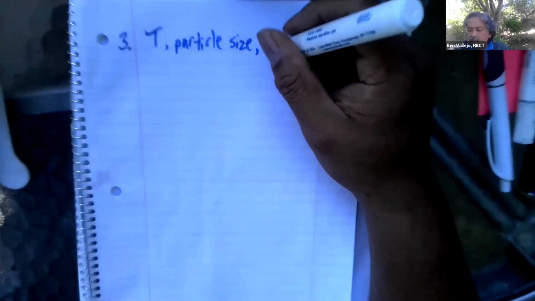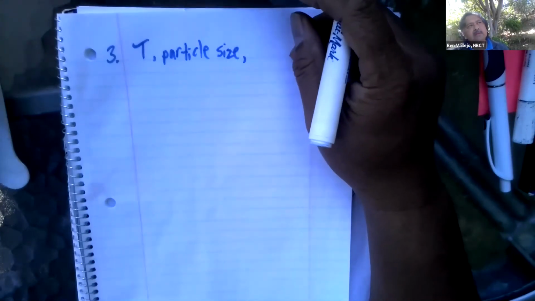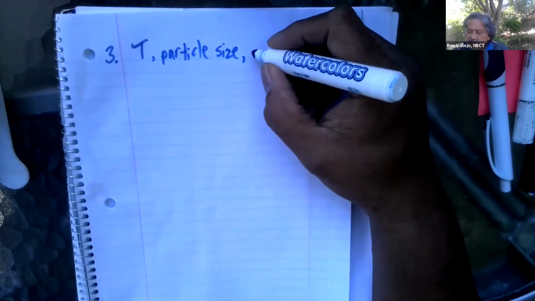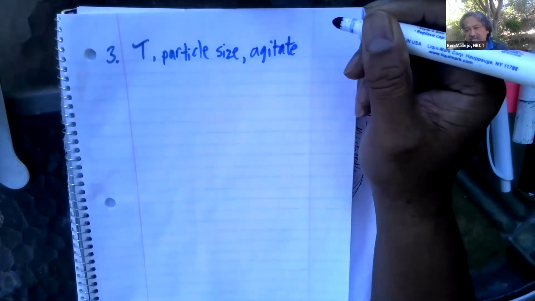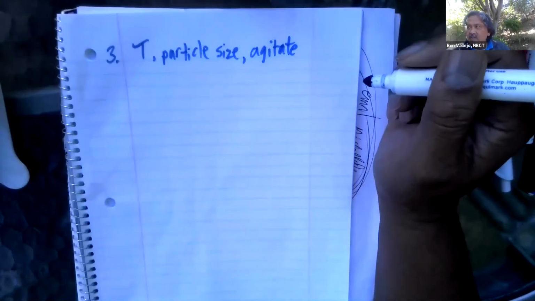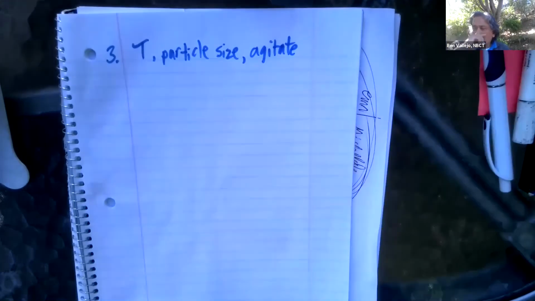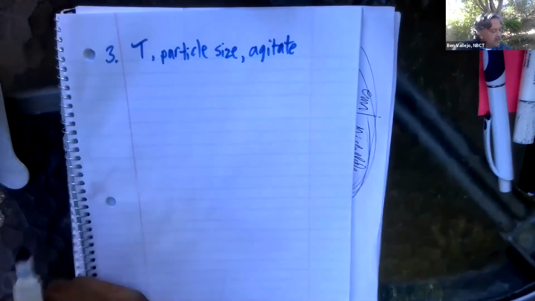So to shake it or stir it, or what's another way to say that? To shake it or stir it would make it go faster. To agitate it, like your washing machine has an agitator cycle where it crunches up all your clothes and makes sure everything gets exposed to soap. So that's number 3.